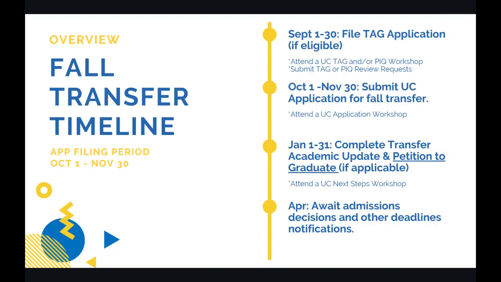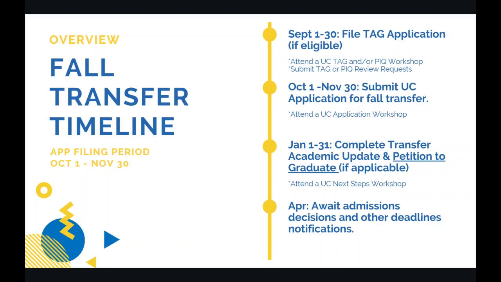If you're interested in learning more about the TAG program, we highly recommend you attend a UC TAG workshop and or PIQ workshop during this time. And you'll be able to submit a TAG or PIQ review request through the OCC Transfer Center.